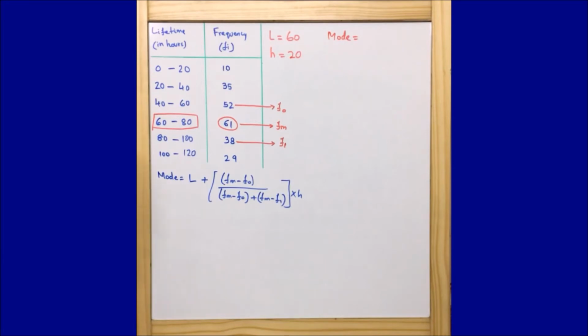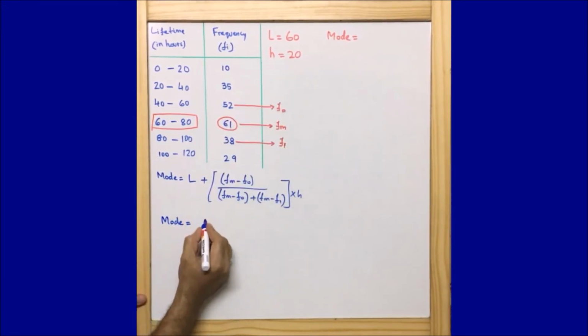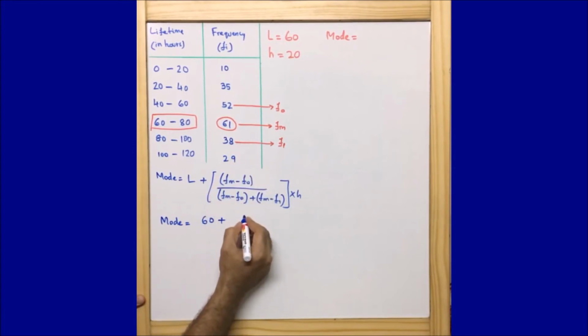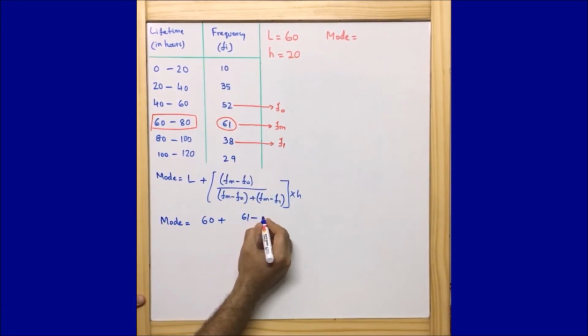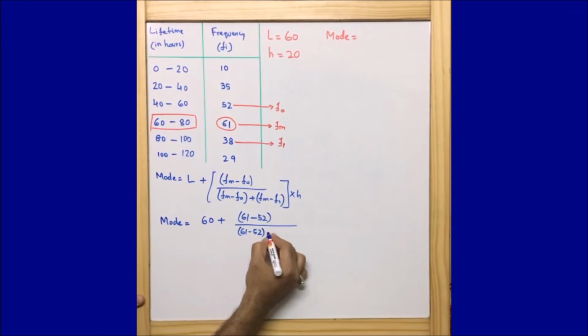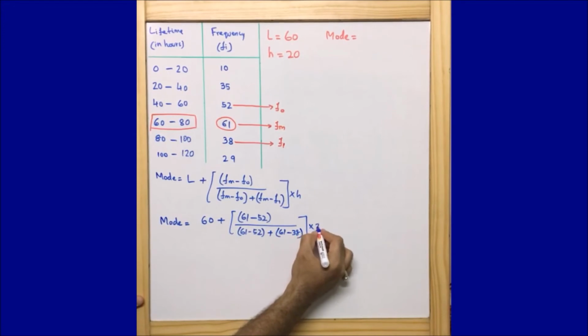Now let's put down the values that we have in this question into this formula. Mode is equal to L, here 60, plus Fm minus F0, Fm is 61, minus F0, 52, upon 61 minus 52, because again it is Fm minus F0 plus Fm minus F1, so 61 minus 38, into class height, or I can say into 20.